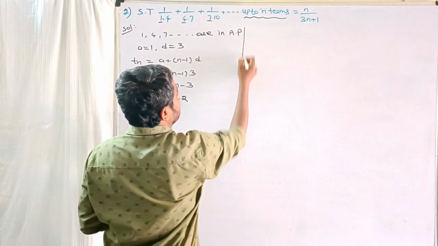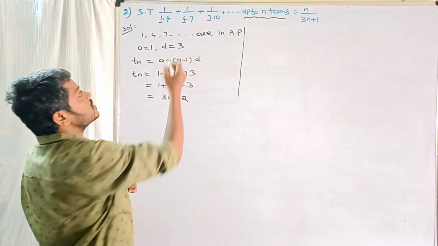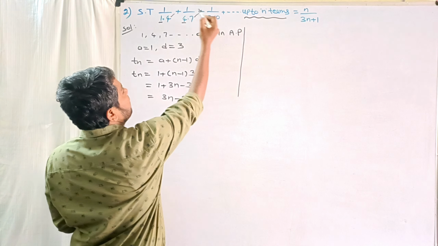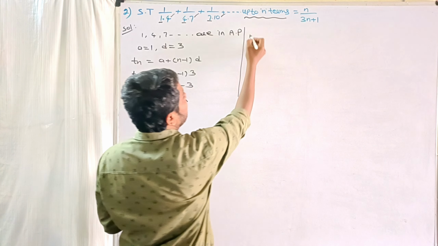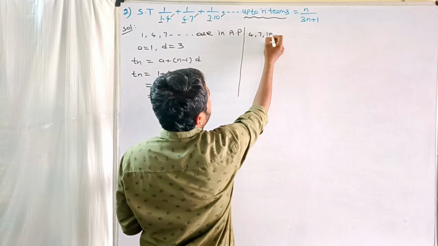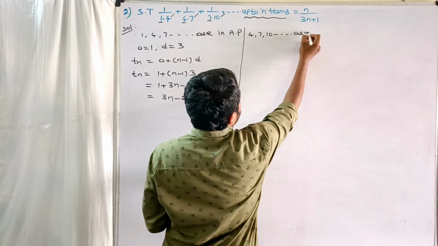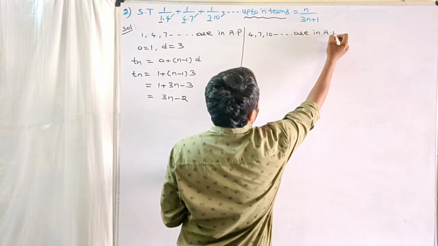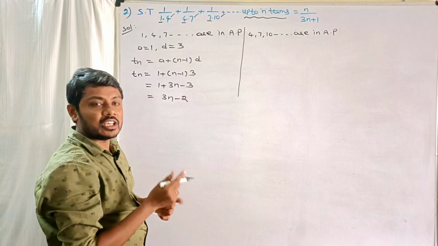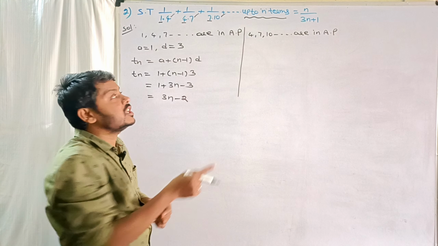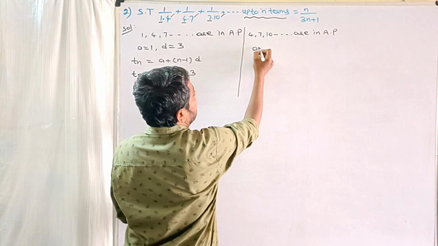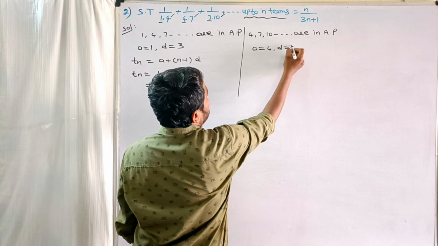Next terms. What are the next terms? Second terms. 4, 7, 10. Clearly 4 comma 7 comma 10 and so on, which are also in AP series. Here also the difference is the same, but the first term is what? 4. A is equal to 4 and D is equal to 3.